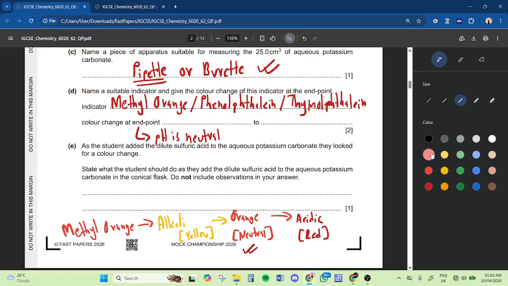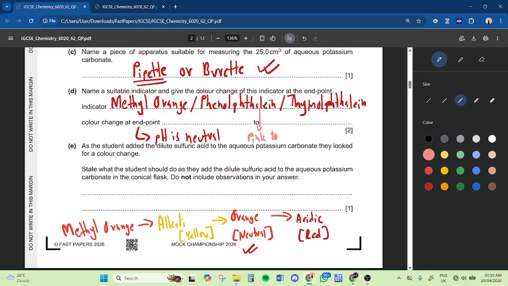So for absence of pink, I'm just going to use this. So pink to white. And thymolphthalein is going to be blue to colorless. Oh, sorry. It's not going to be white. It's going to be colorless. My bad. That's a pretty big error over there, but it's fine. We all make errors sometimes.